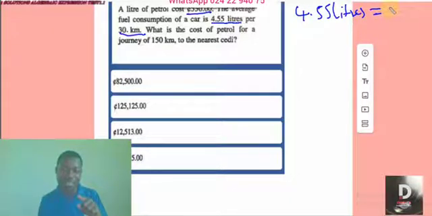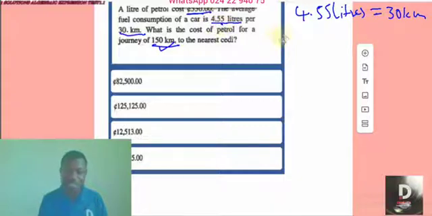What is the cost of petrol for a journey of 150 kilometers? So when you know the number of liters for this journey, 150 kilometers, multiply by the price per liter, 550.